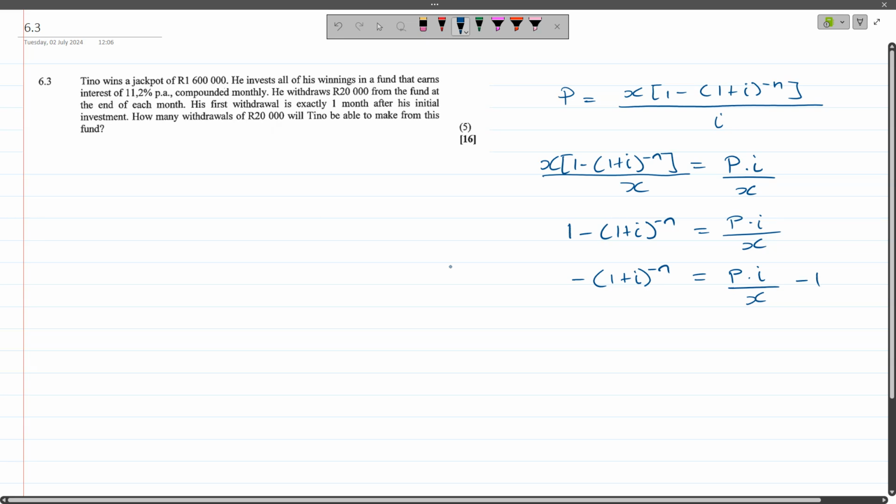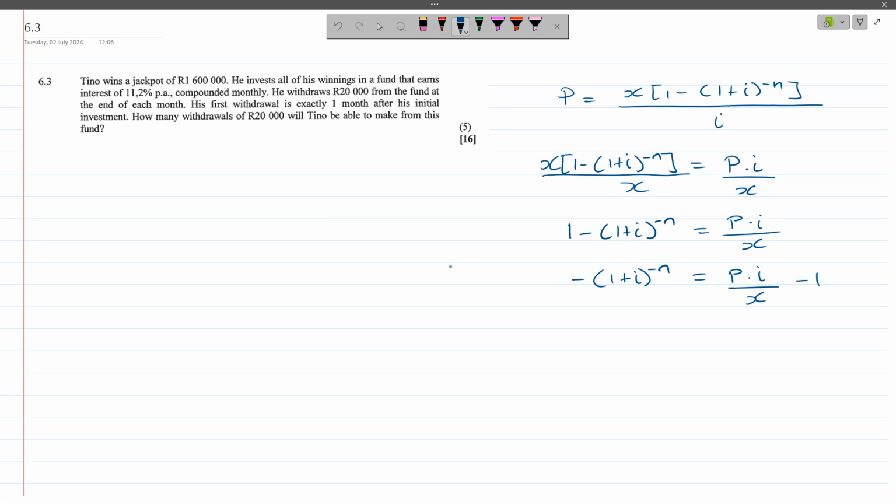Then at this point we can write it as a logarithmic function. At this point you are now able to substitute your values in, or again you could first try to rewrite it just as the logarithmic function.